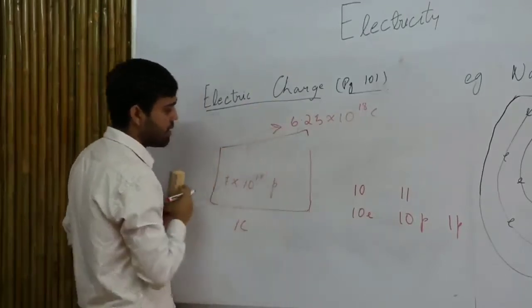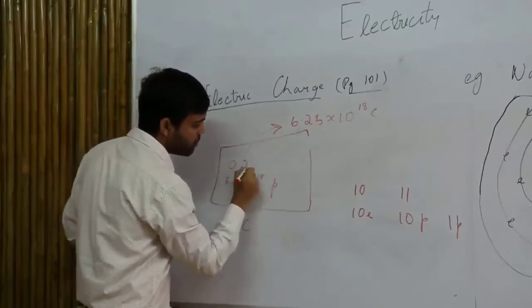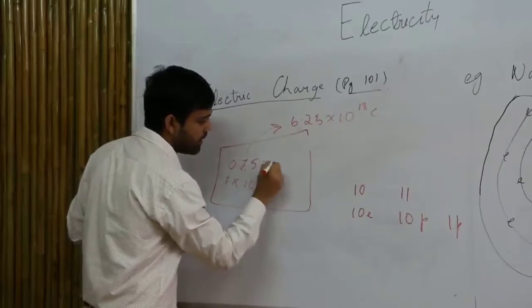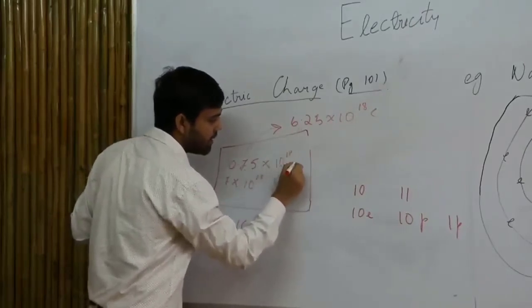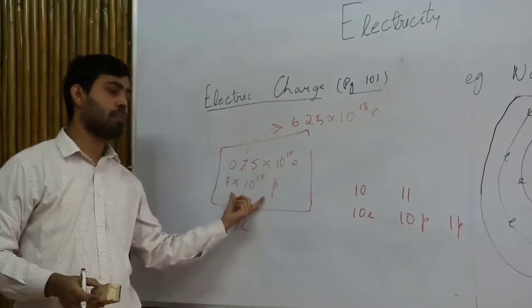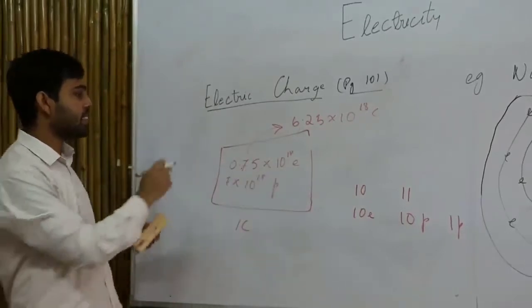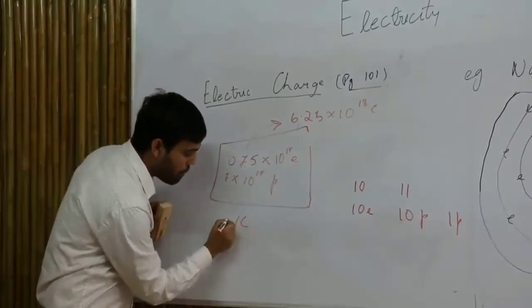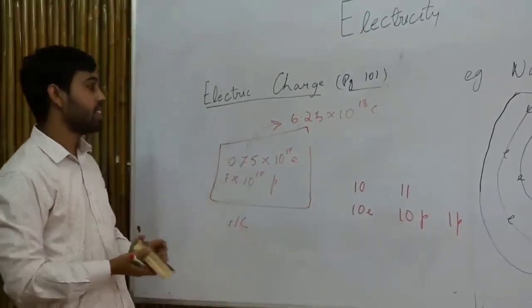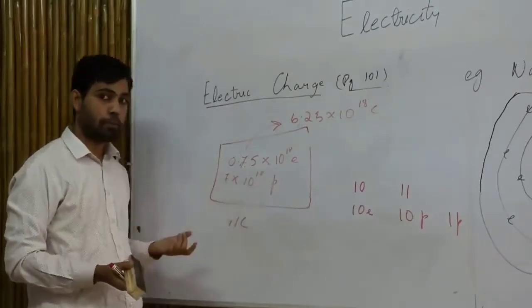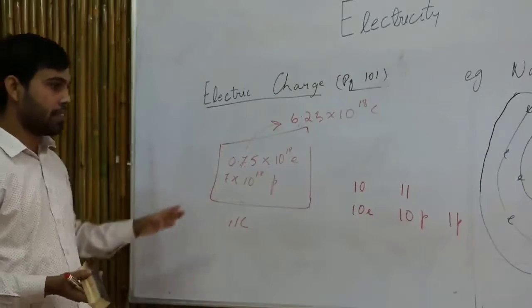That means there are only 0.75 into 10 to the power 18 electrons in here. If you see in here, the number of electrons is less than the number of protons. So in this case, I say that this particular body will acquire a charge of positive 1 coulomb, or I can say that this body has a positive 1 coulomb charge in here. So these definitions are important.